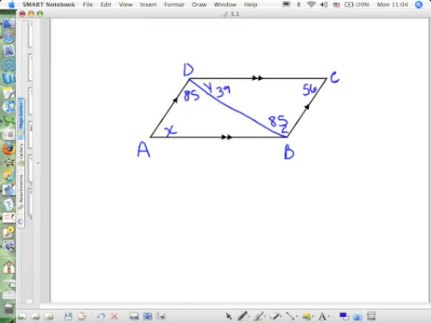Then X is 56 because 85, 39, and 56 add up to 180. How did you get to 39? Right here he said these 2 angles are alternate interior angles, so they're equal to each other.